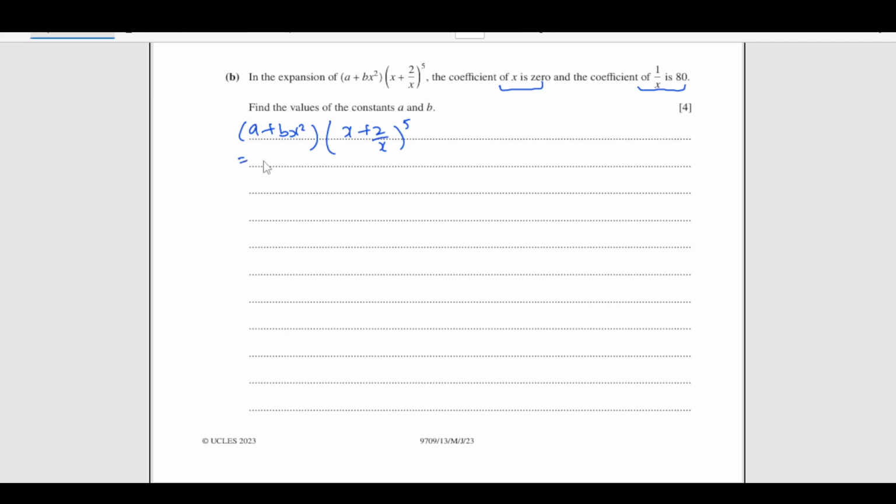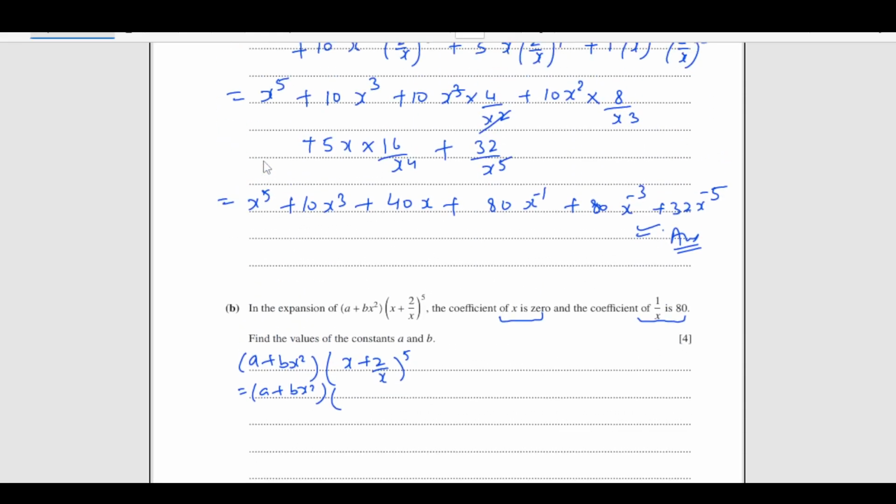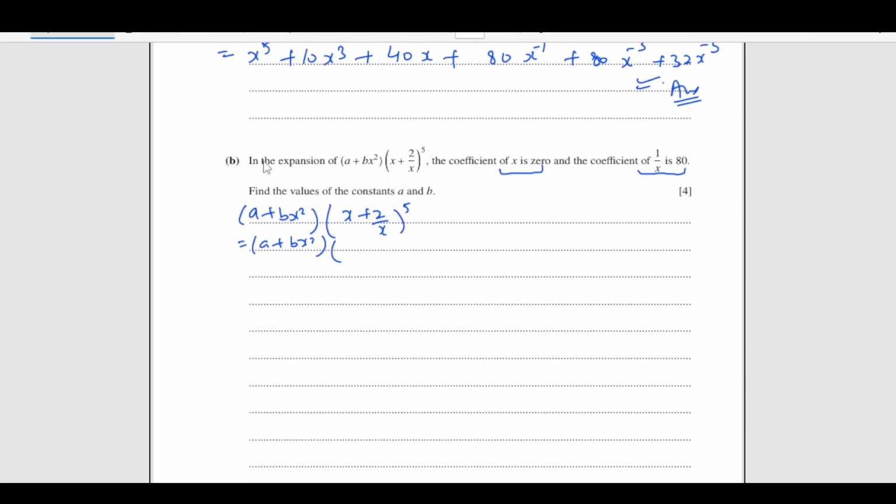We take the expansion that we got in the first part. This is x to the power 5 plus 10x cubed plus 40x plus 80 over x plus 80 over x cubed plus 32 over x to the power 5, right.